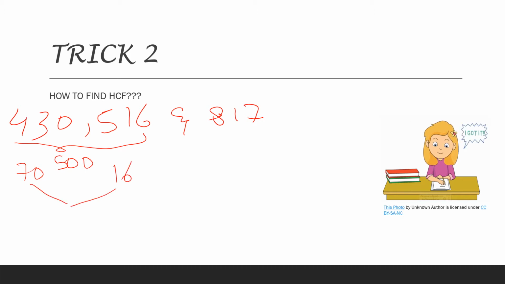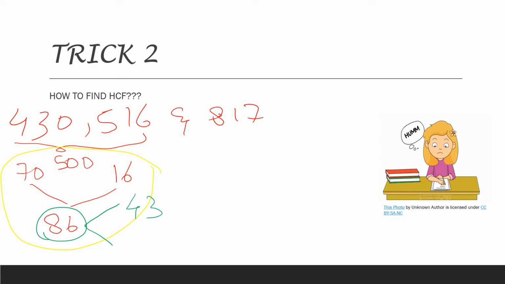Adding these two, we get 86. By the way, this is the shortcut to find the difference between any two numbers. You can use it if you want. Now we'll have to factorize the number 86. When we factorize, we get the prime factors as 43 and 2.